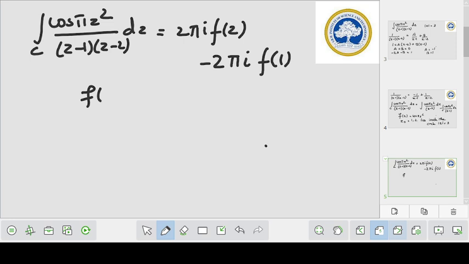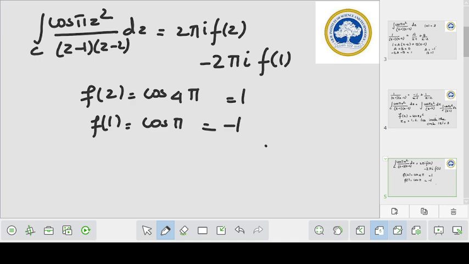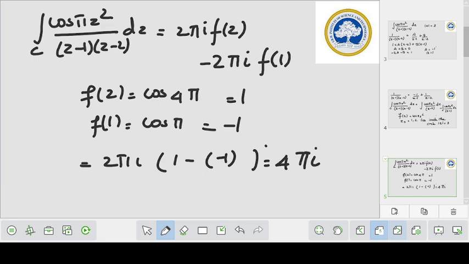So your f of 2 is cos 4 pi, and the value of cos 4 pi is 1, as cos n pi equals minus 1 the whole power n. Your f of 1 is cos pi, which is minus 1. So applying that, you will have 2 pi i into 1 minus of minus 1, which is 2. Therefore the answer is 4 pi i.